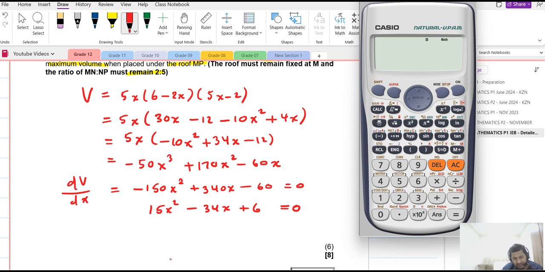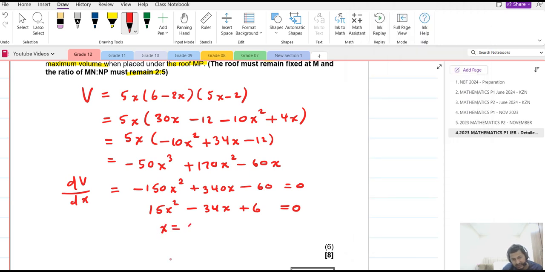So we're going to say x is equal to minus b, 34, plus or minus the square root of b squared, negative 34 squared, minus 4AC, 15 times 6, divided by 2 times 15, right?